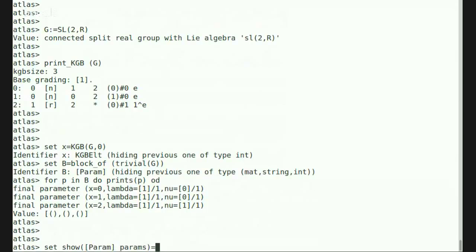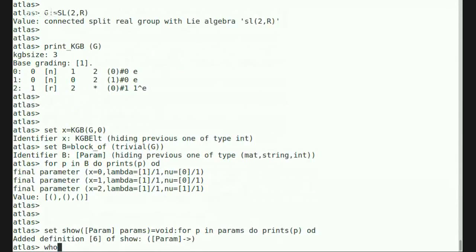If the argument is a list of parameters, which I'll call params, then for P in params, do print S P. Okay, so I've defined a command called show, which takes an argument, a list of parameters, and it runs over the parameters and prints them. And in addition, it has this void thing here, which says it's returning the void value.